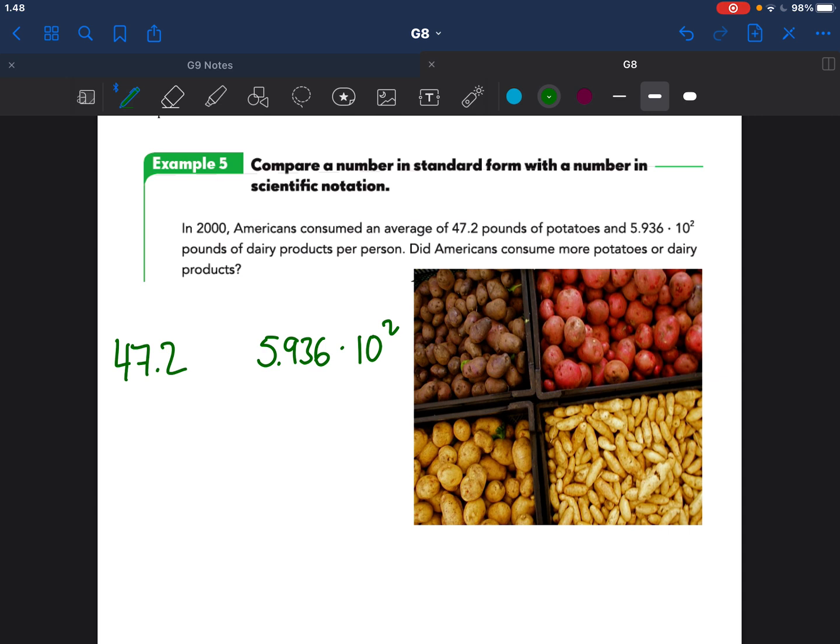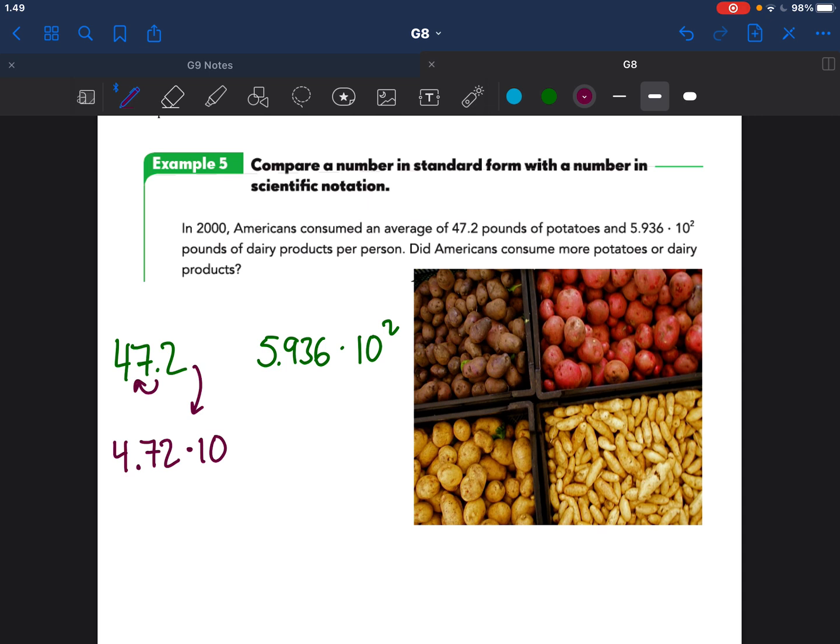You have two choices. You either turn both of these numbers to standard form, or you can turn them to scientific notation. I'm going to turn them to scientific notation. This one's set, but I'm going to turn 47.2. Let's do that with me. Again, the coefficient has to be between 1 and 10, times 10 to the power of something. We move the decimal to the left.